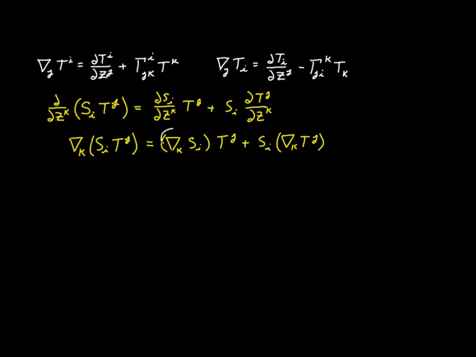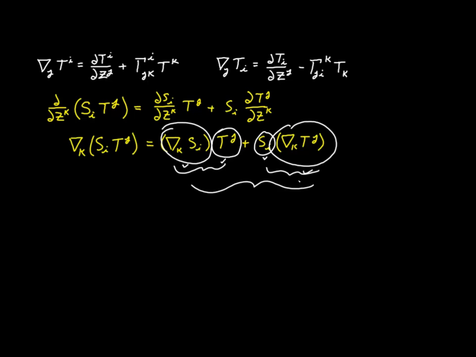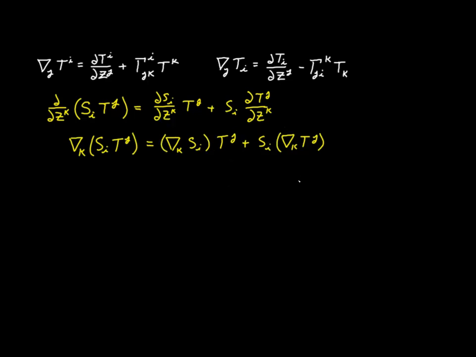Well, here we have a covariant derivative of a vector component, and we know that produces a tensor. Then we multiply that by a vector component, which is a tensor, so the product of two tensors is a tensor. And we have the same argument over here. This is a tensor, and when we multiply by S^i, then the product is a tensor, and of course the sum of the two is a tensor. So yes, this expression does produce a tensor.